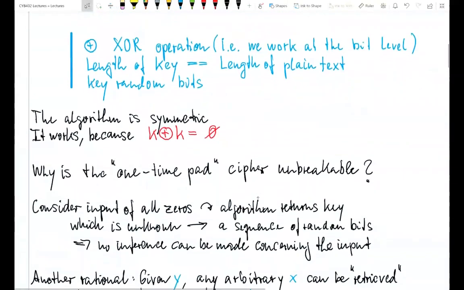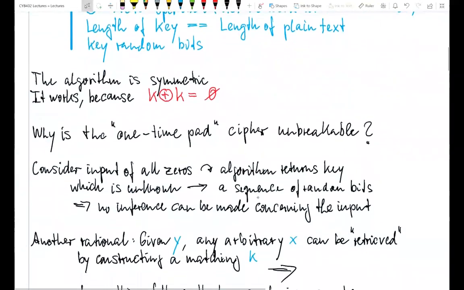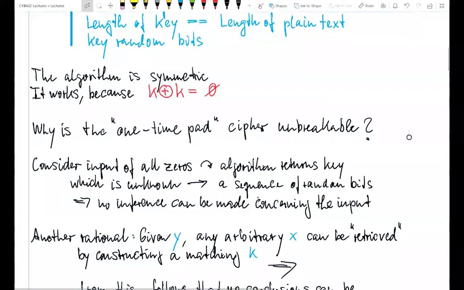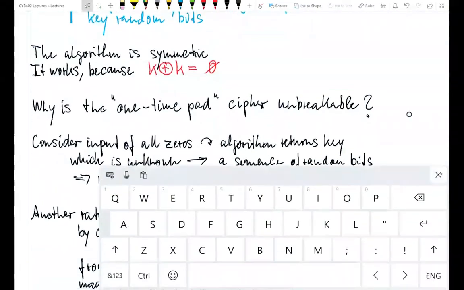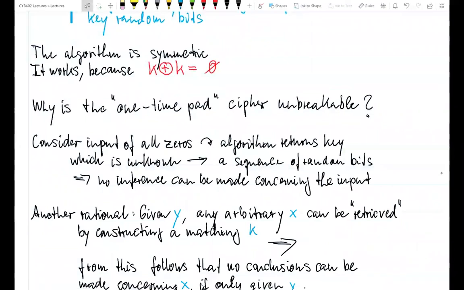So now the question is, why is this one-time pad cipher unbreakable? You can mathematically prove that, and actually Shannon, the famous theorist of information sciences, did that.